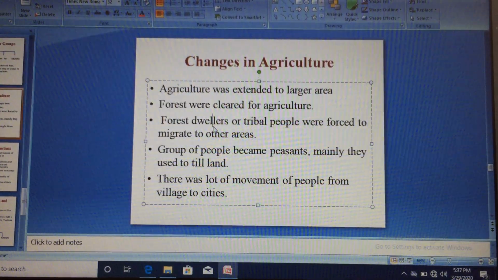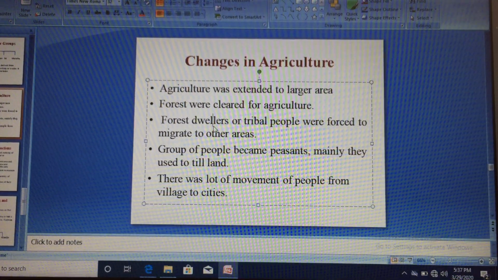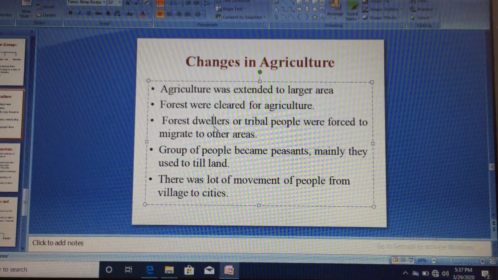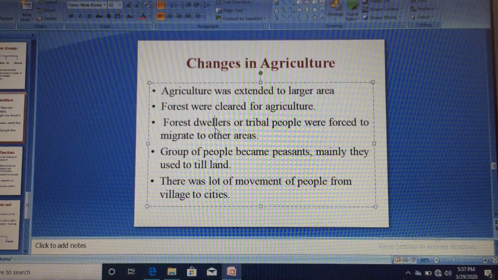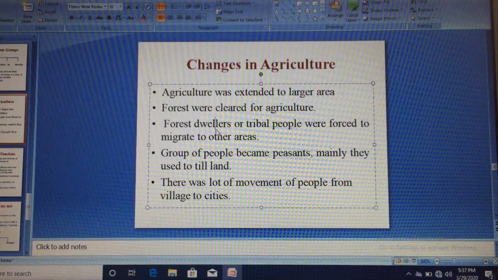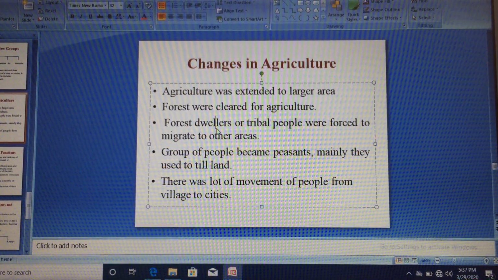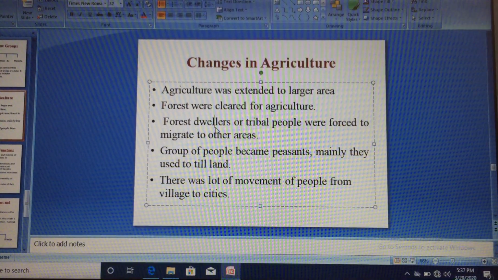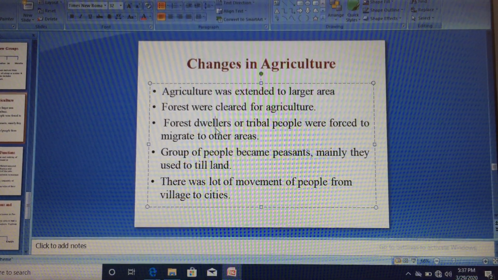Forests were cleared, so they cleared forests to use that area for agriculture. The forest dwellers and tribal people were forced to migrate. Now the forest was cleared. Tribals who lived in the forest had to leave the forest, and these forest dwellers became peasants. They started working as laborers under big farmers.